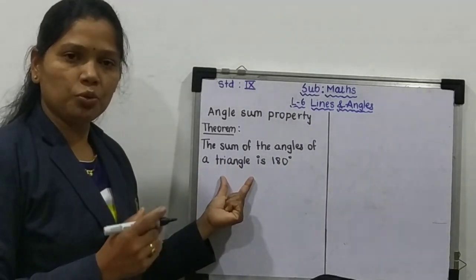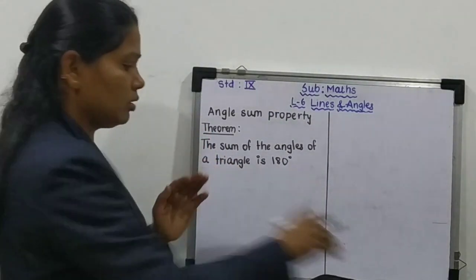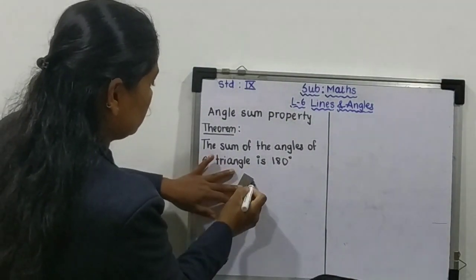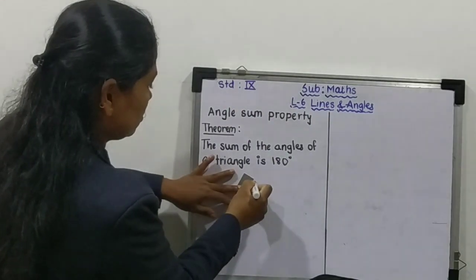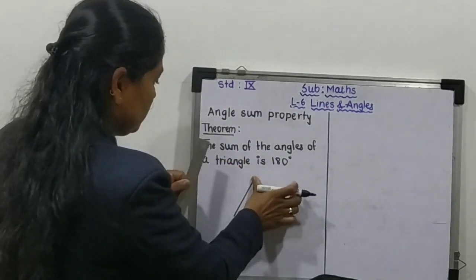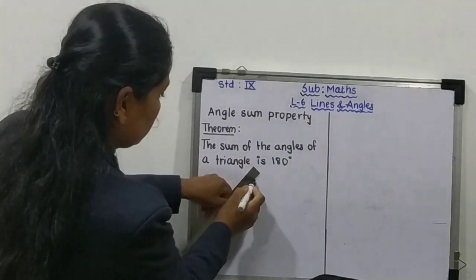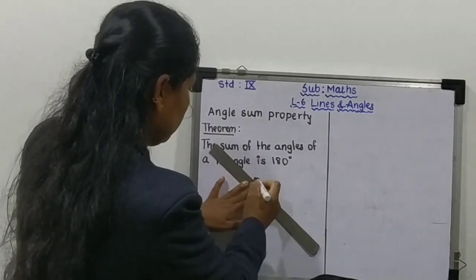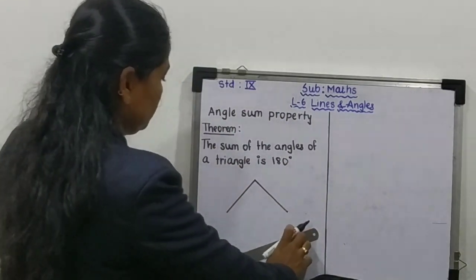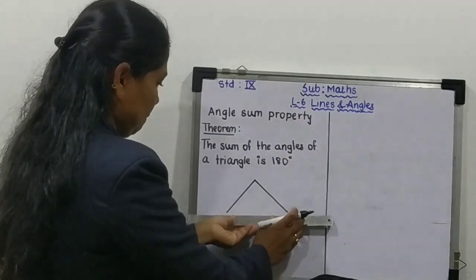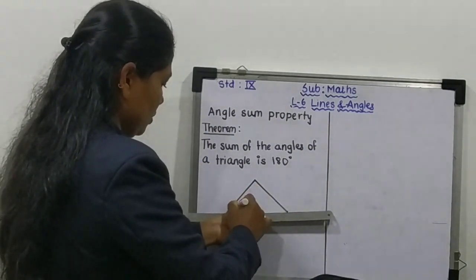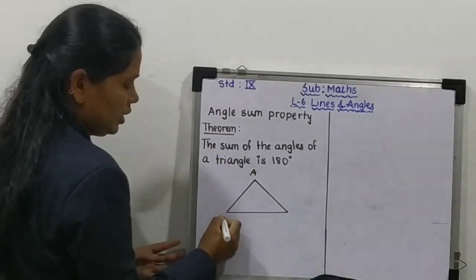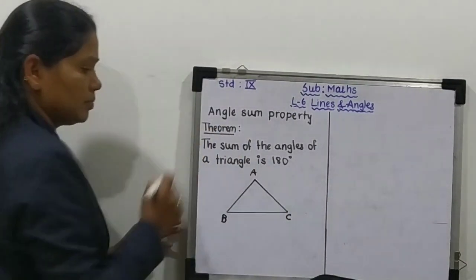So I will draw one triangle here. See, this is triangle ABC, right?